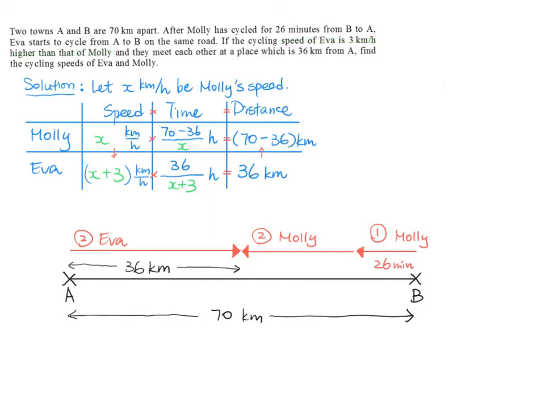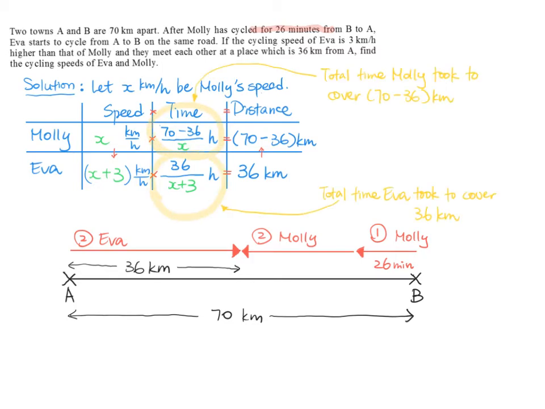So now what? How does this 26 minutes kick in? Then you have to think to yourself, what does this number and this number mean? This one is the total time that Molly took to cover 70 minus 36 km. And this is the time that Eva took to cover 36 km.